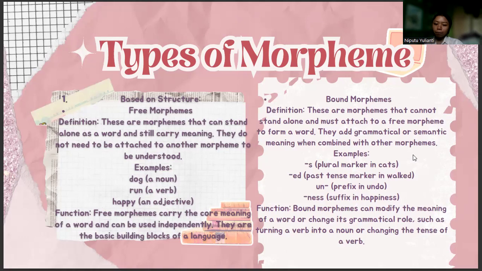For example, the plural marker -s in cats, the ending -ed as past tense marker in worked, the prefix un- in under, sorry, in the beginning, and the suffix -ness in happiness. Bound morphemes can modify the meaning of a word or change its grammatical role, such as turning a verb into a noun or changing the tense of a verb.